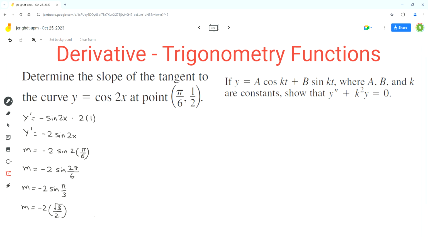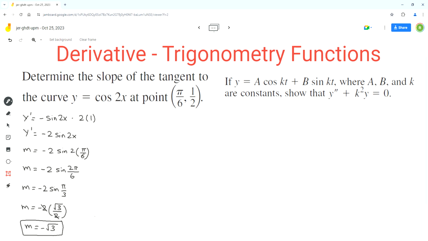And we can cancel out the 2's. So this is the value of the slope of the tangent to this curve at the point (pi over 6, 1 over 2).